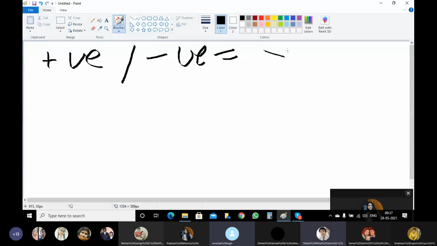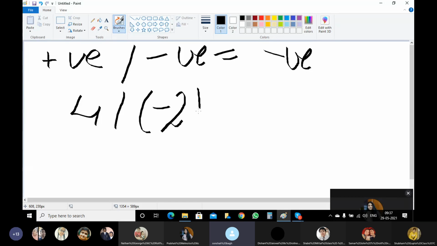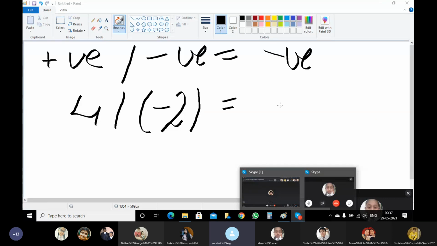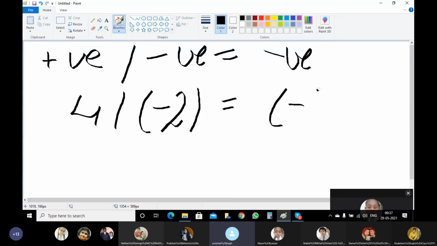Negative. We will be getting a negative integer. So for example, if I am dividing 4 by -2, what should be the result then? 4 divided by -2. Yes, it will be -2.